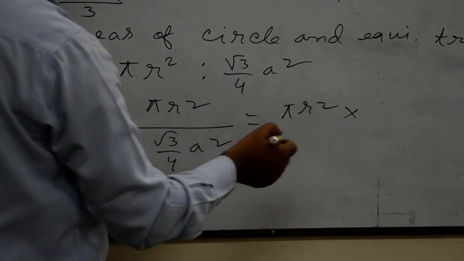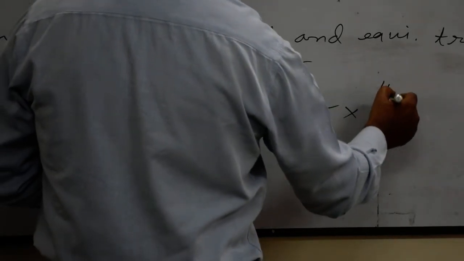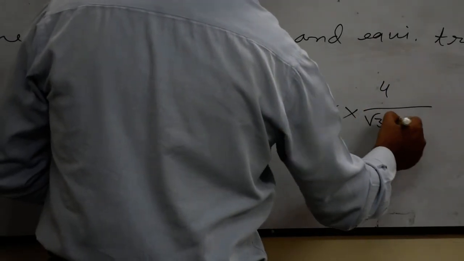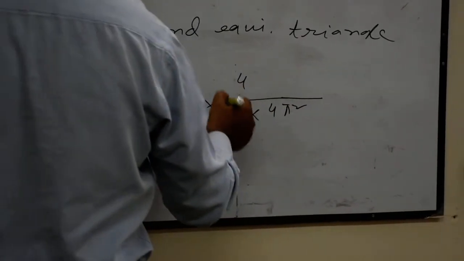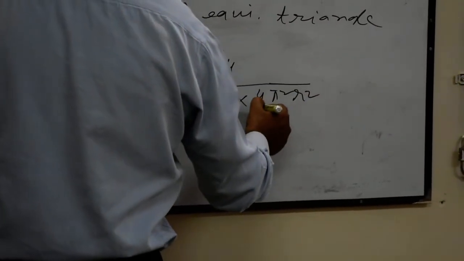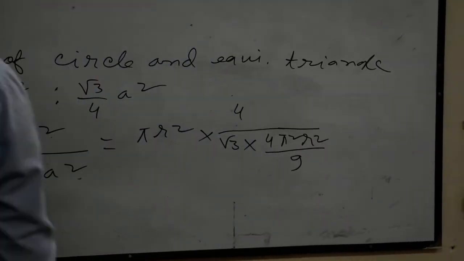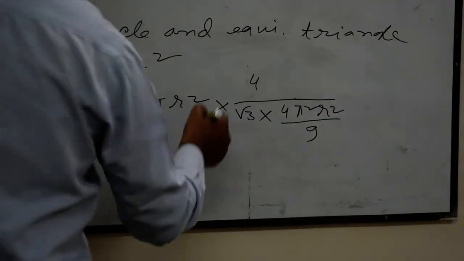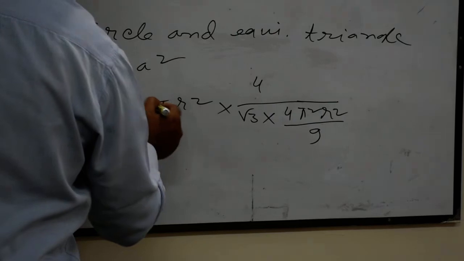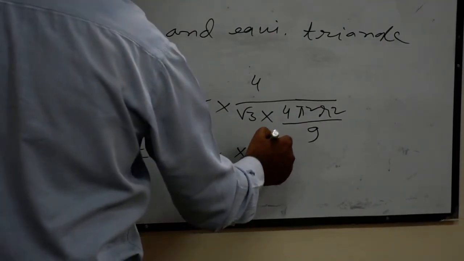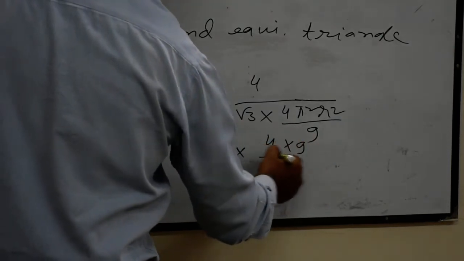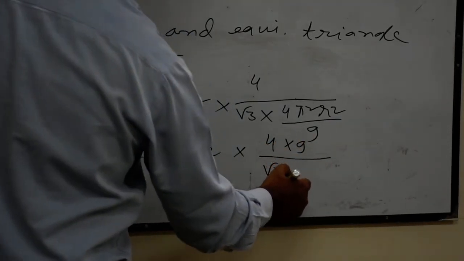If you take the reciprocal, it is 4 by root 3 a square. Instead of a square, you can write (2 pi r by 3) square. That means 4 pi square r square by 9. Now, again taking the reciprocal, you get pi r square into 4 into 9 by root 3.